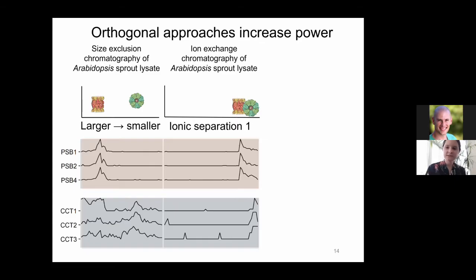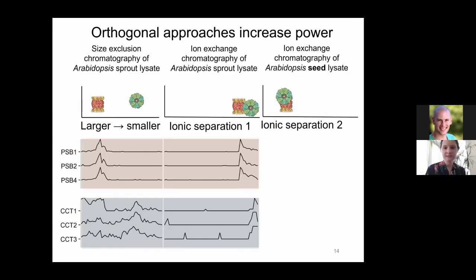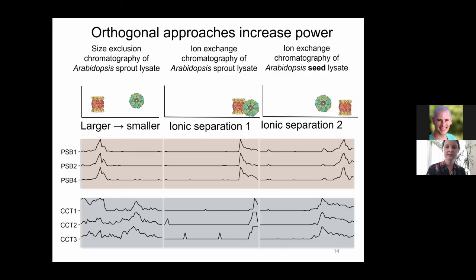And when we do a different type of tissue, this time seed, you once again get internally consistent profiles that are matched within protein complexes. And it's this type of orthogonal technique that is really powerful. A lot of things are about the same size and a lot of things are about the same charge, but way fewer things are both the same size and charge, and the same size and charge across multiple different species.